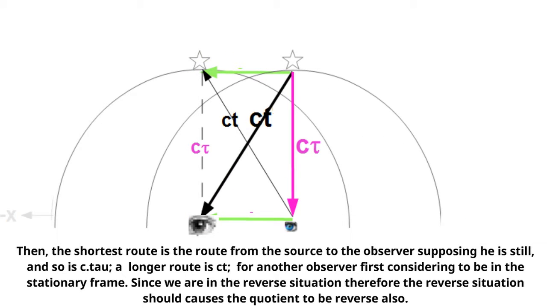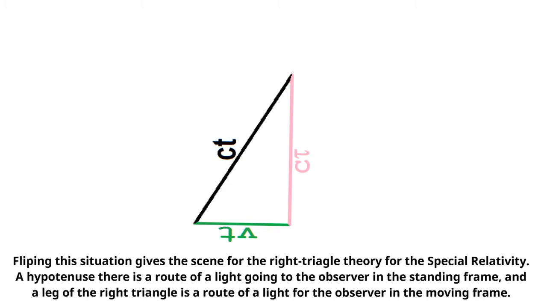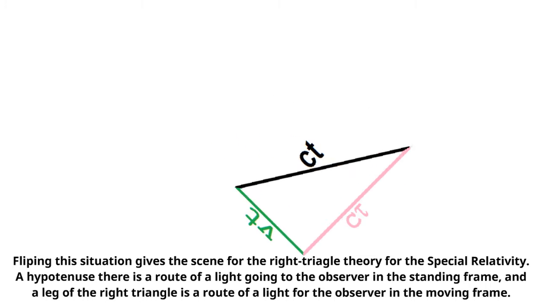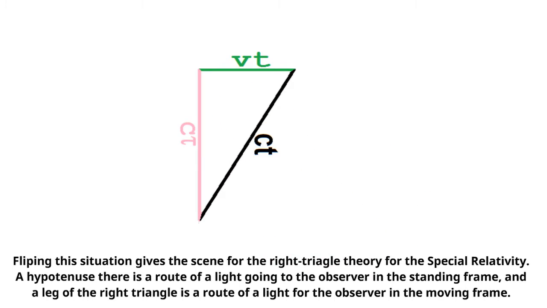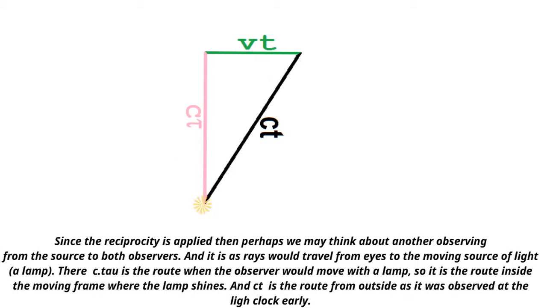A longer route is Ct for another observer first considered to be in the stationary frame. Since we are in the reverse situation, the reverse situation should cause the quotient to be reverse also. Flipping this situation gives the scene for the right triangle theory for the special relativity. The hypotenuse is the route of a light going to the observer in the standing frame, and a leg of the right triangle is the route of a light for the observer in the moving frame.